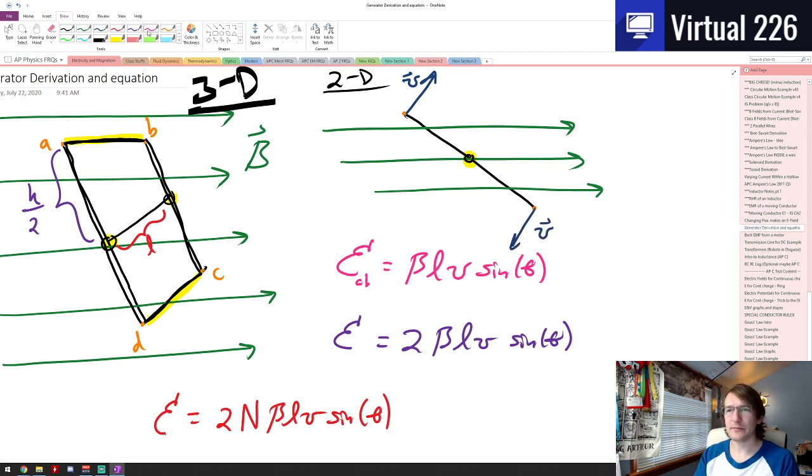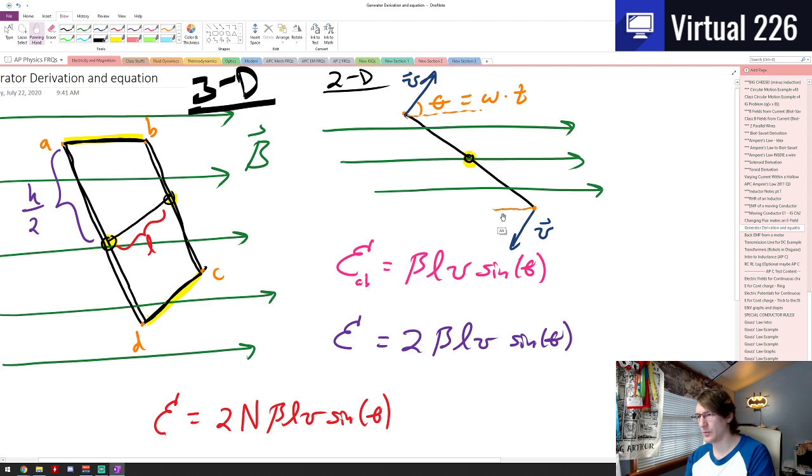Now, if we take a look at this velocity and look at it with respect to the B field direction, there is some angle, theta here. Well, we know how this angle theta will change in the ideas of circular motion. This angle theta is going to change by omega multiplied by time.